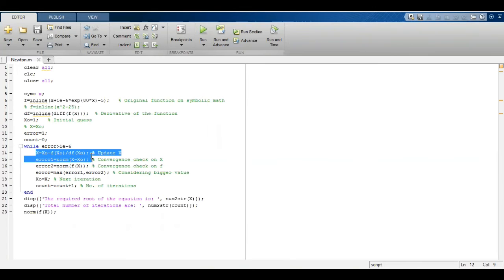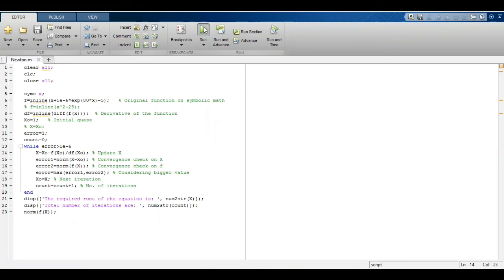Then this is the Newton Raphson algorithm to calculate the new x, and I will calculate the error in x and error in the function. Both of these errors should be minimum, and when this error is smaller than or equal to 10 raised to power minus 6, my iteration will stop.